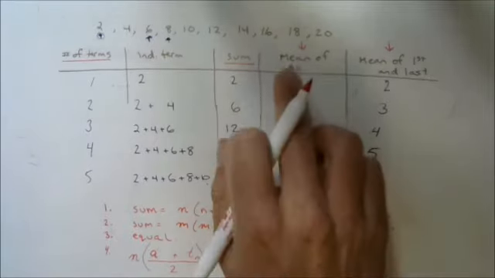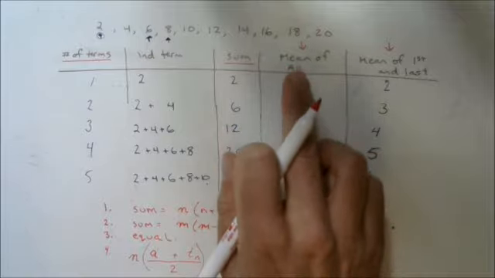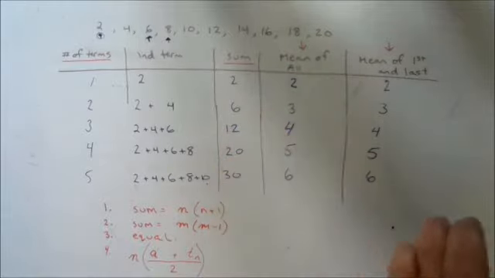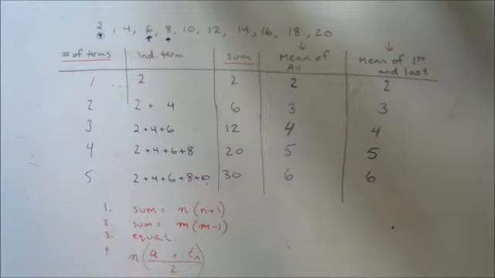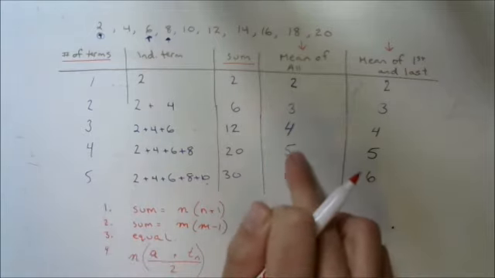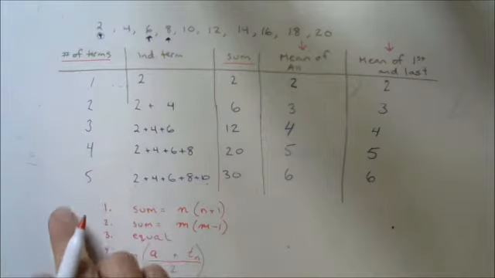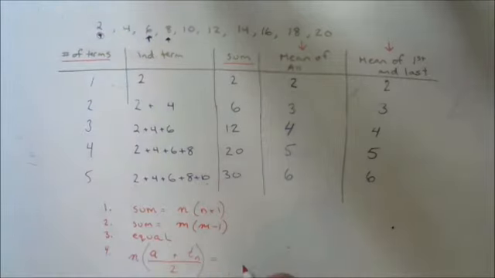And by definition of mean, in order to get the mean, you're basically taking the total sum and dividing it by the number of terms. So if we take the mean and multiply it by the number of terms, we should get the sum.